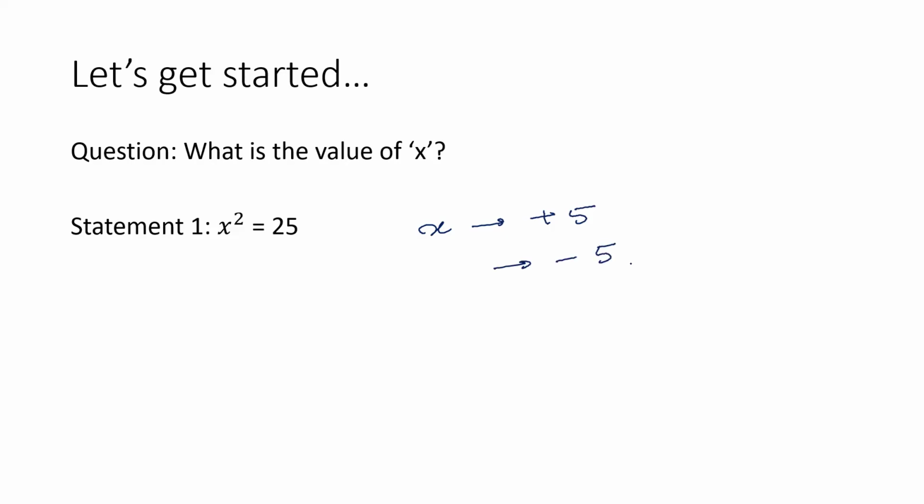So just by this first statement, x could be plus 5 or x could be minus 5. I cannot tell you the value of x. I cannot help you know what is that unique value of x that is there in my mind. It could be plus 5 or it could be minus 5.